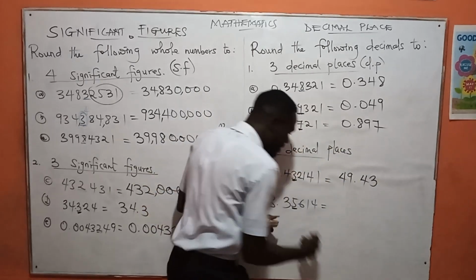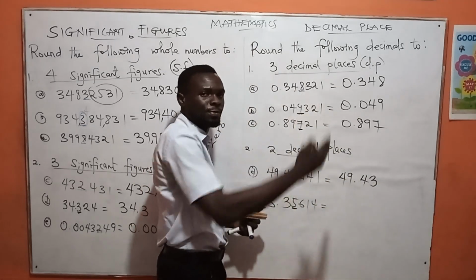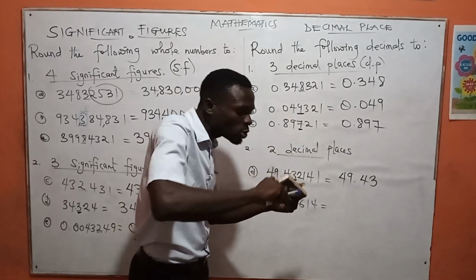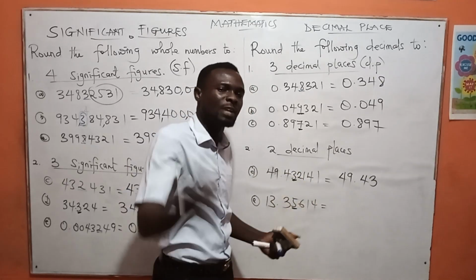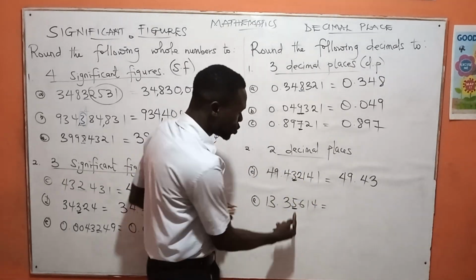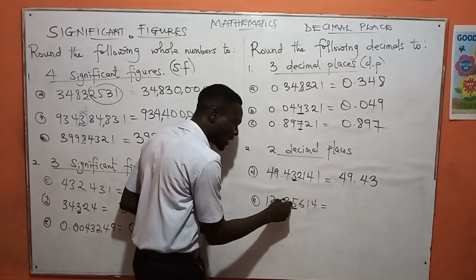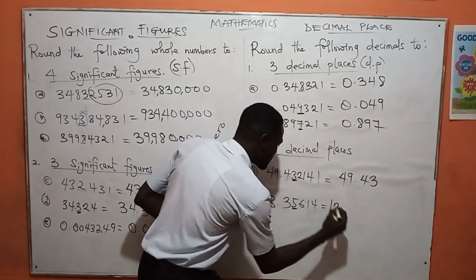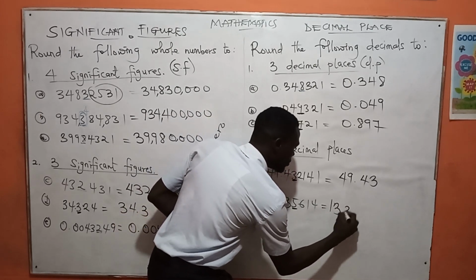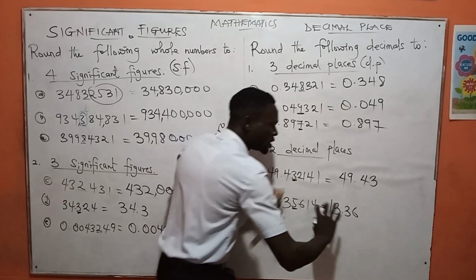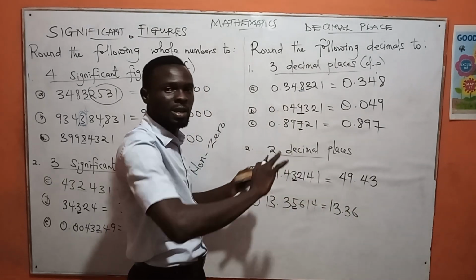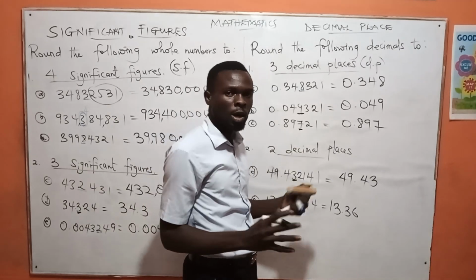The number on the right is more than 5. If it is equal to 5 or more than 5, add 1 to the identified number. So since this is more than 5, I'll add 1, which is going to give me 13.36. We want to see only 2 numbers after the decimal point.